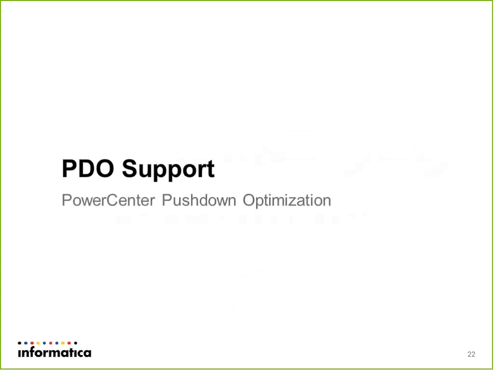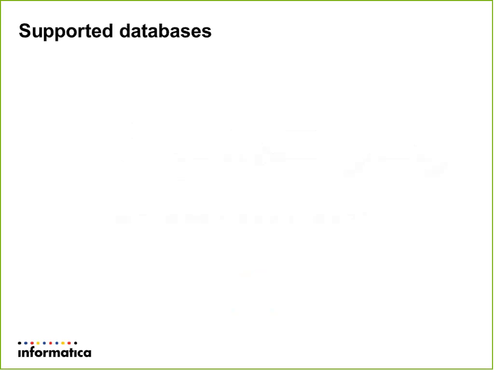Now let's go on to the support aspects of PowerCenter pushdown optimization. The term database currently has overgrown, including all sorts of non-traditional NoSQL databases. Hence, it is required at this point to list the supported databases for PowerCenter pushdown optimization.